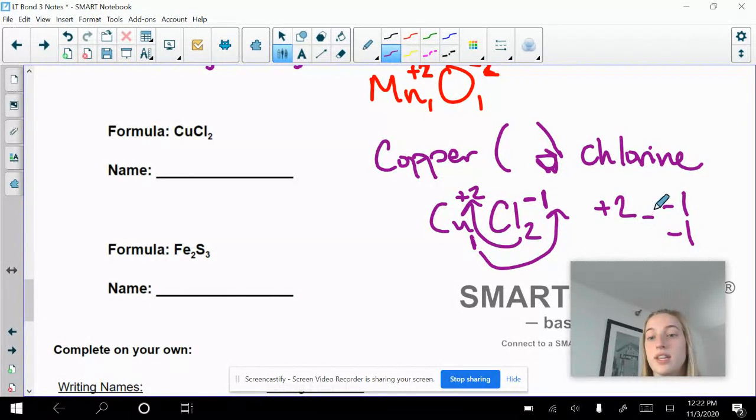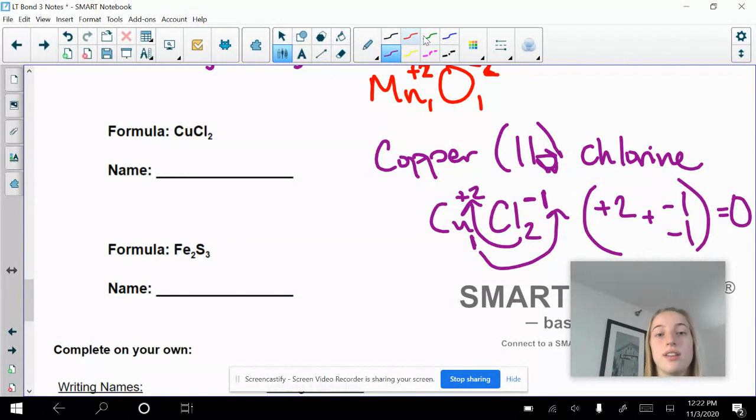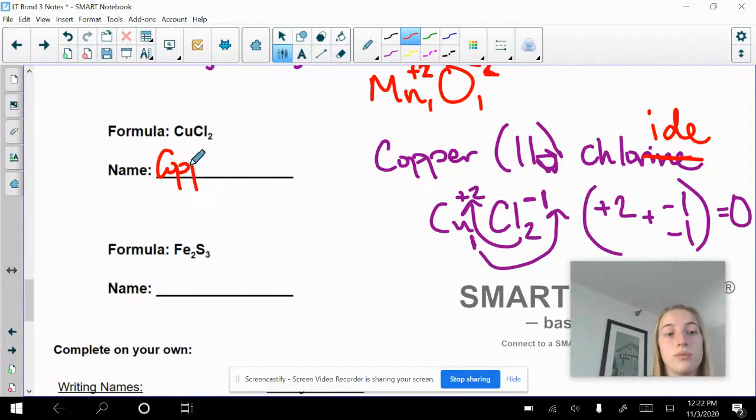And when we put that together, we're going to get 0. So my copper must have a +2 charge. Last thing I need to do is switch my chlorine to chloride. So my final answer here will be copper(II) chloride.